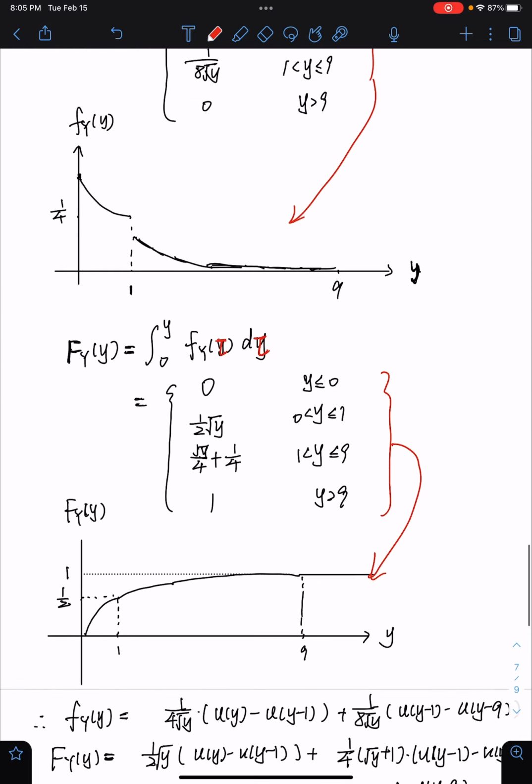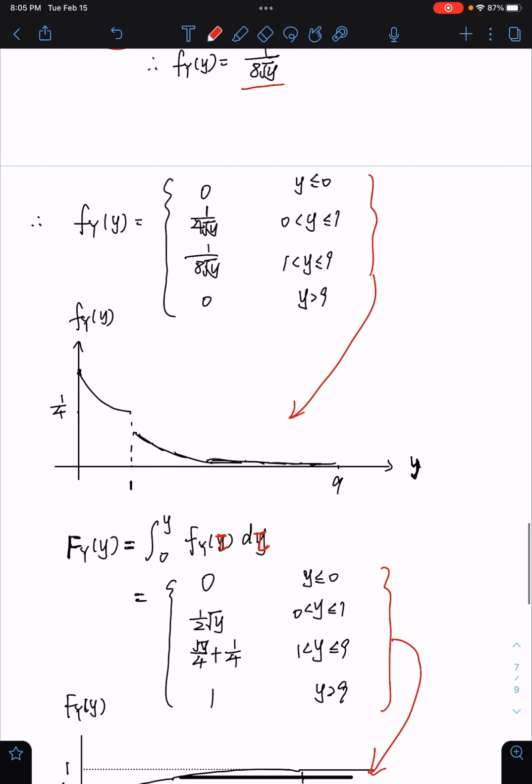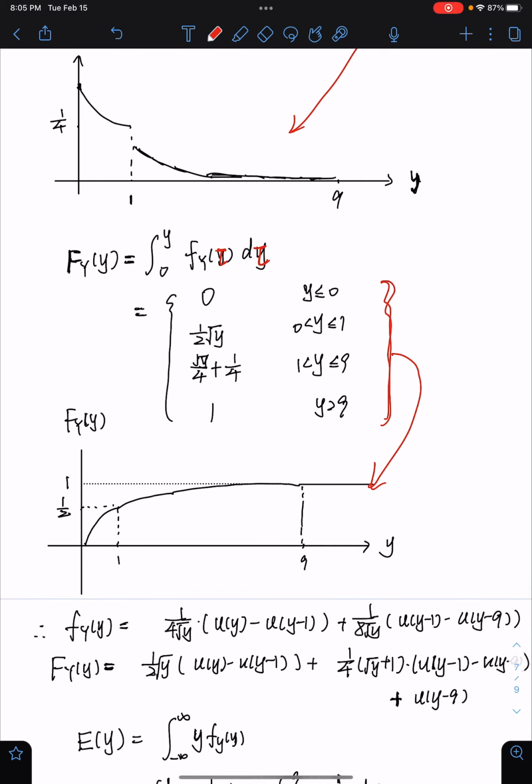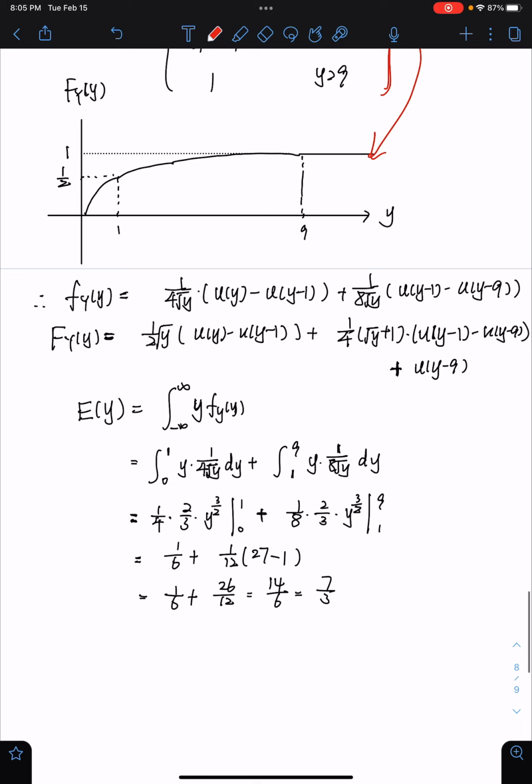So we can write all these four functions, and these four functions can be combined together using step functions, like this. We can combine the different conditions by using the step functions.